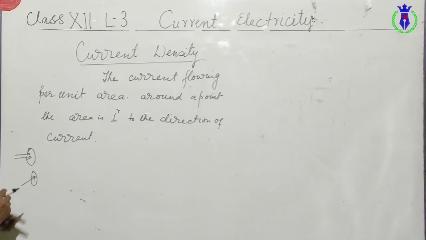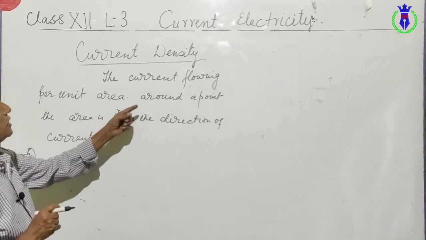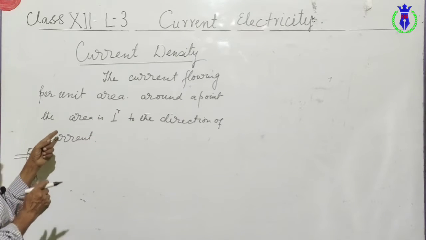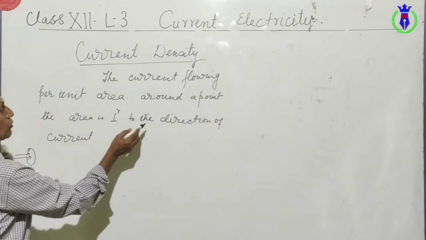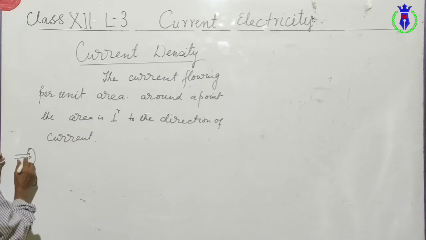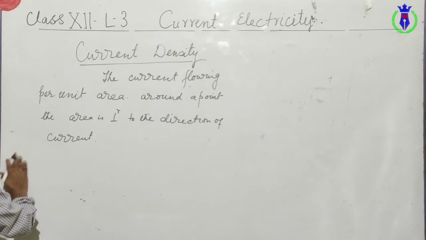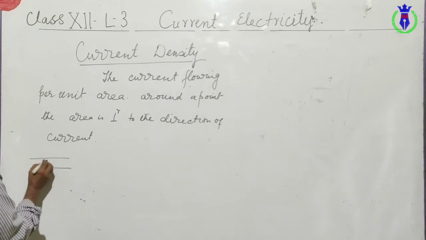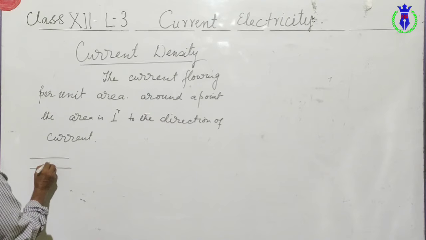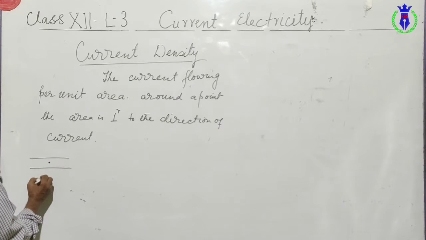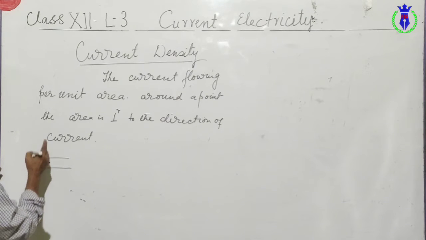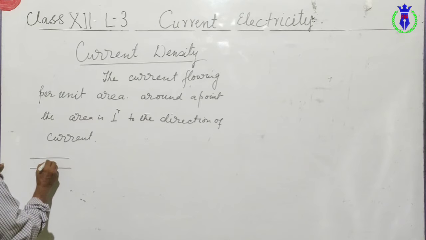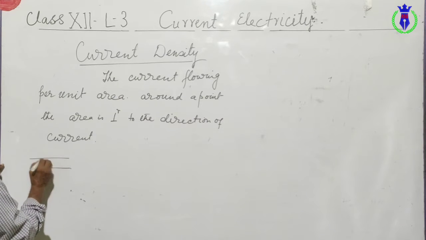Therefore, we have considered here an area perpendicular to the direction of current. At any point, suppose there is a conductor, the current is flowing in this direction, there is a point where we have to find out the current density. We consider a unit area around this point.